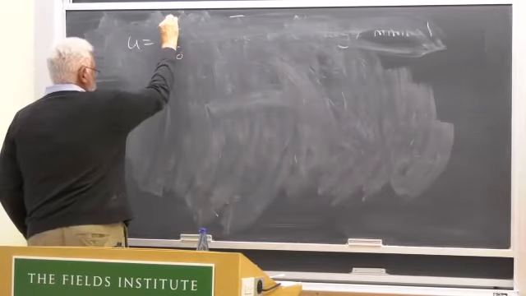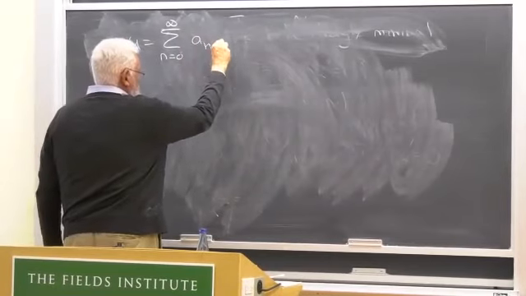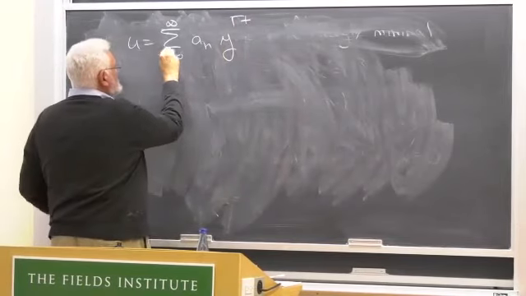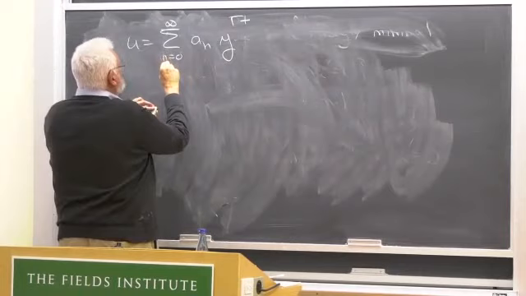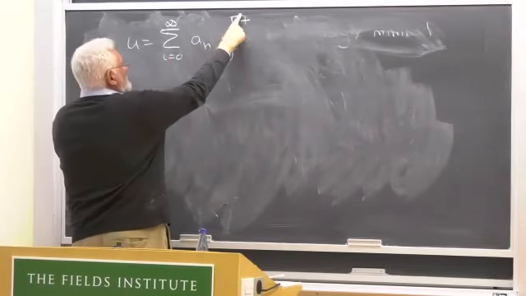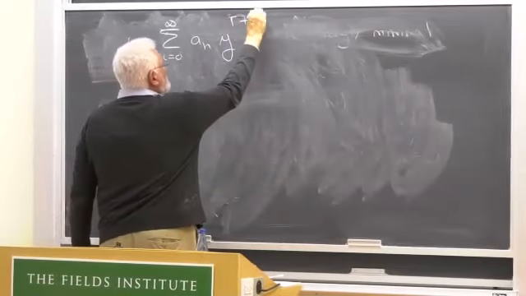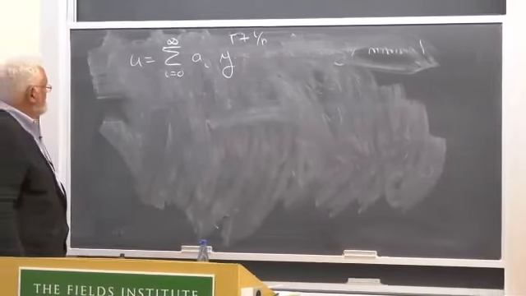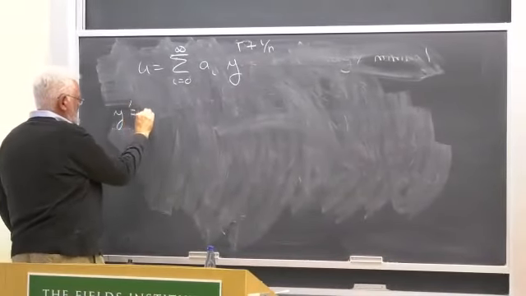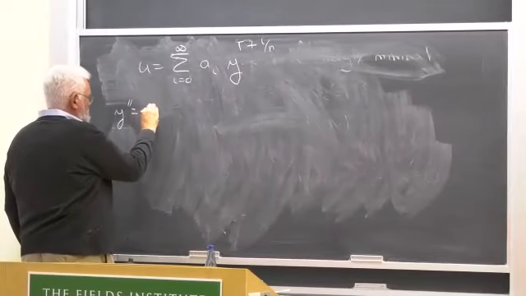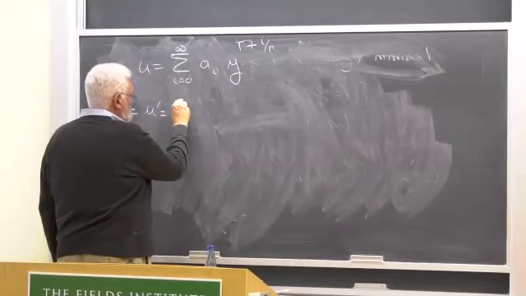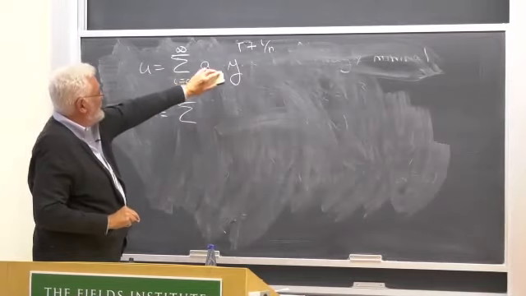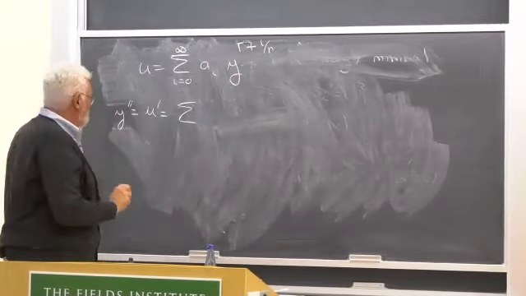Let's say it's the sum from i equals 0 to infinity of a_i y to the (r plus i) over some n, just as in some Puiseux series.